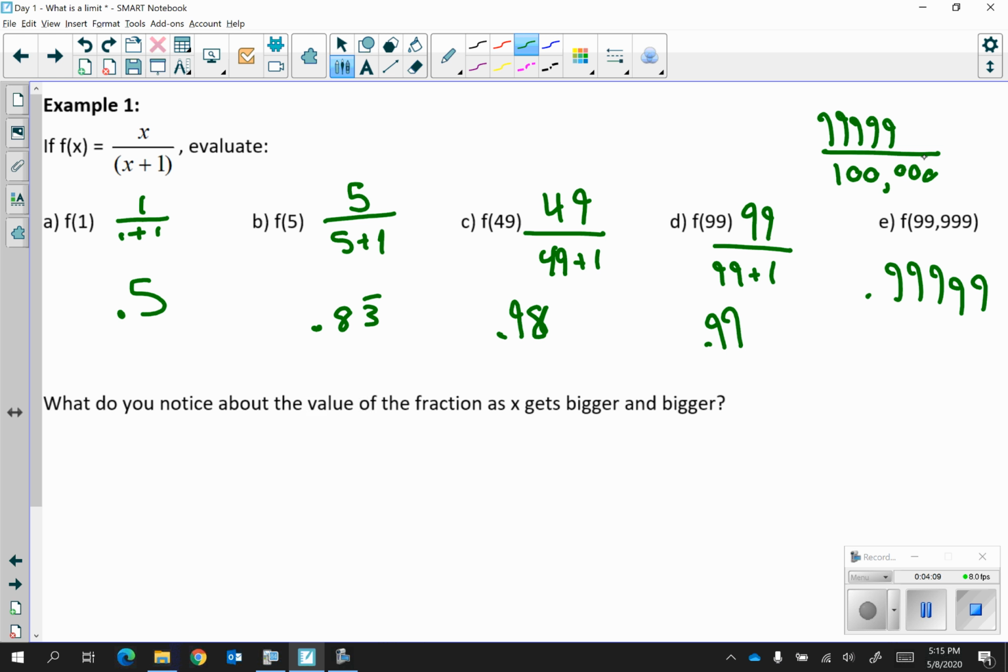So what do we notice about the value of the fraction as the x gets bigger and bigger? Well, as we plugged in larger numbers, you can see that all of your answers, the decimals, are getting closer to 1.